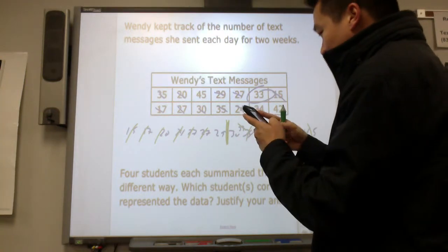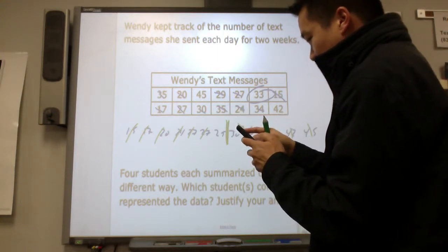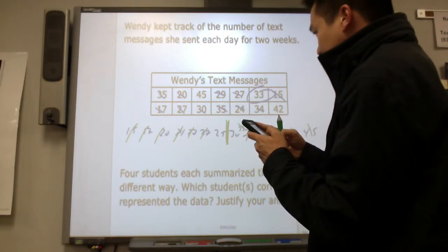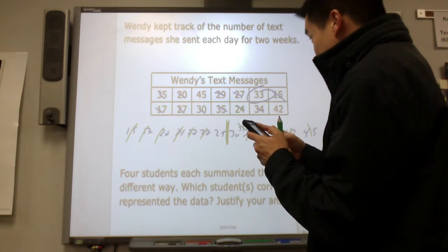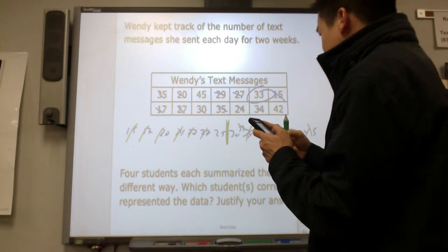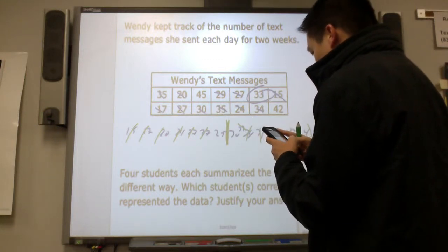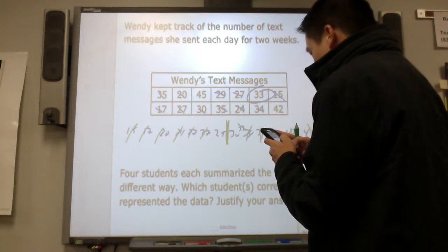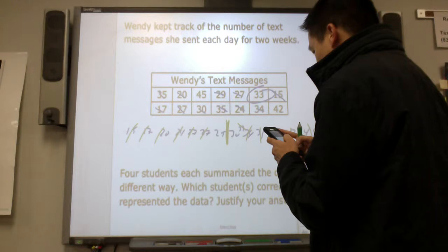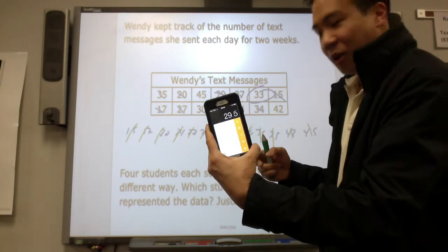You have to add up all the numbers. 15 to 17, to 20, to 24, to 27, to 27, to 29, to 30, to 33, to 34, to 35, to 35, to 42, and to 45. There are 14 numbers, and I got 29.5.